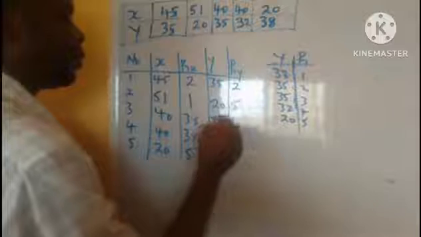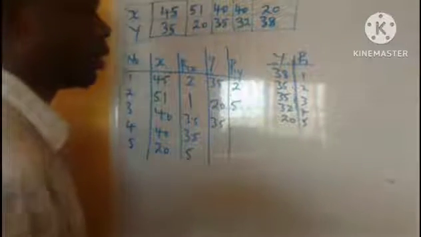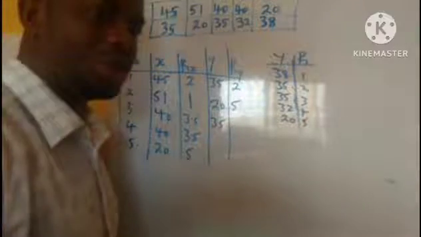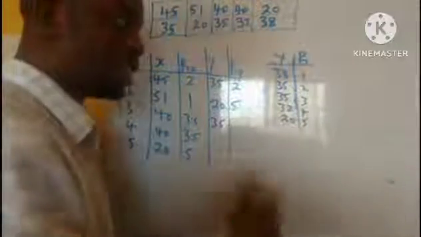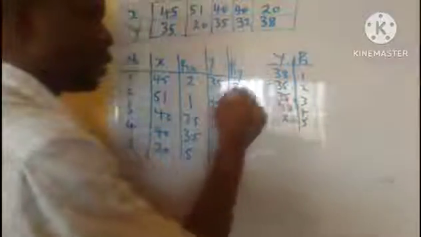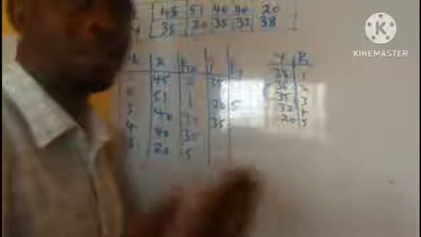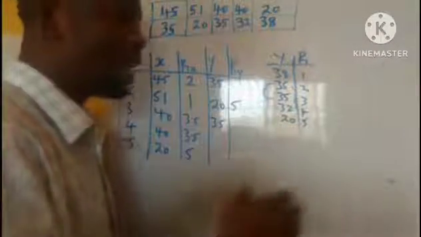Then 35 again. What do you think we should do? The number repeats itself, 35 repeats itself. So let's work it out. Anytime a number repeats itself, we have to find the average.